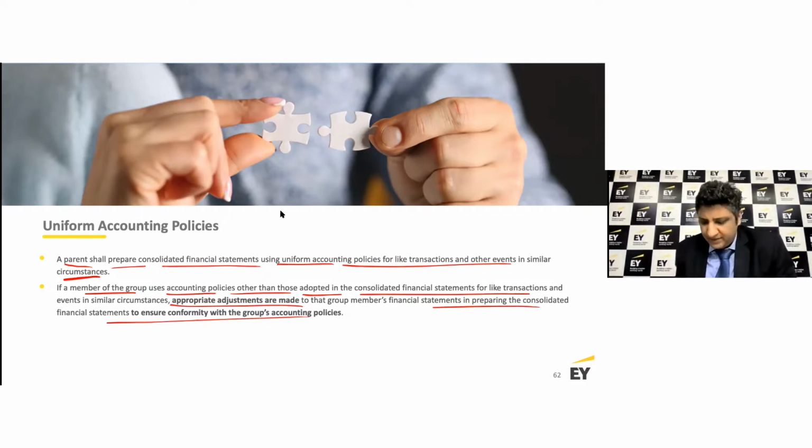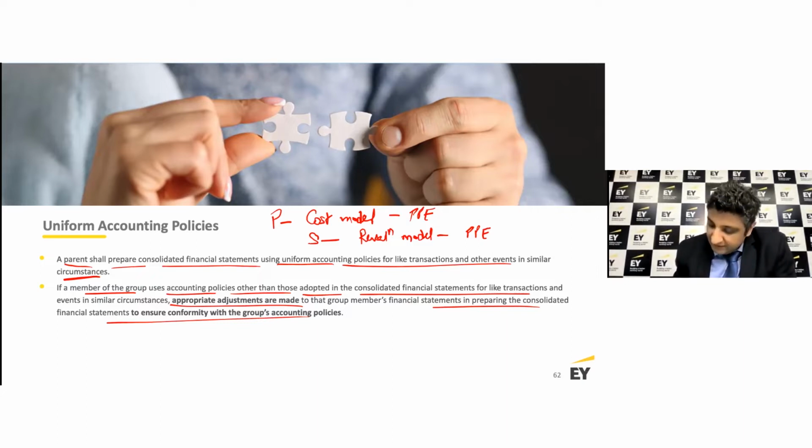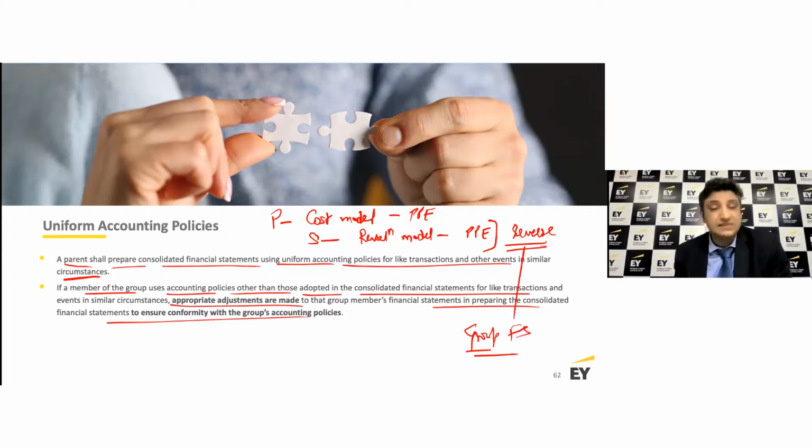For example, the parent entity may be following a cost model for its property, plant, and equipment, but a subsidiary is, for example, using a revaluation model for its specific items under property, plant, and equipment. We need to reverse these adjustments while preparing the group financial statements, right?